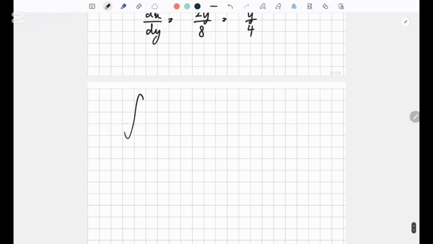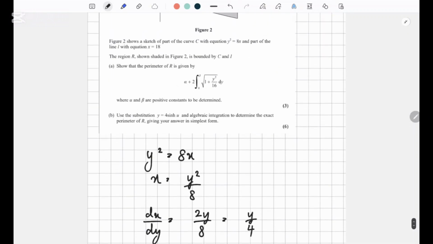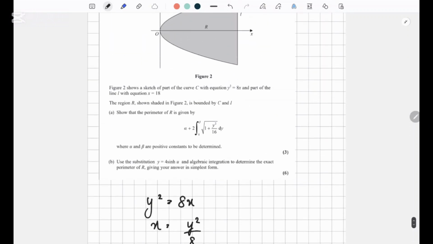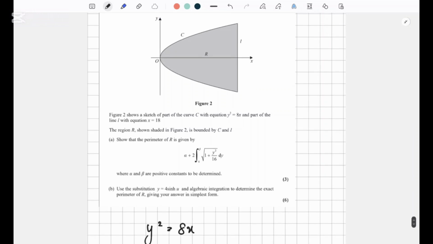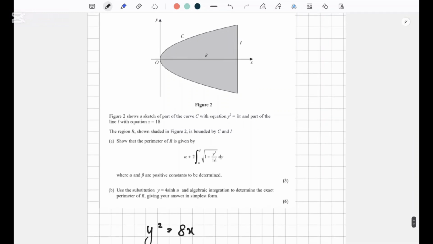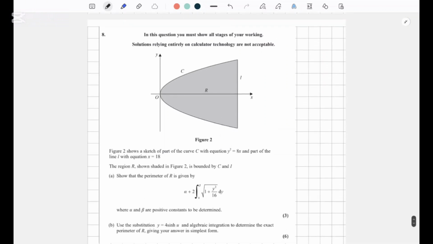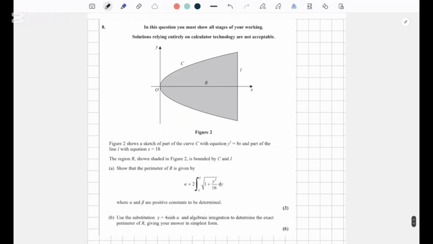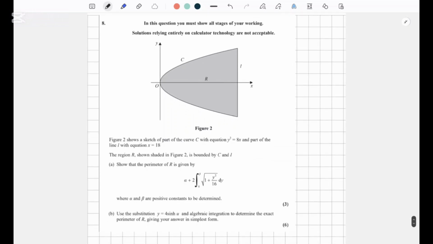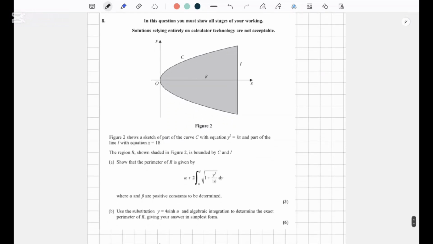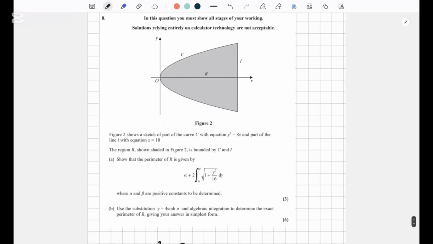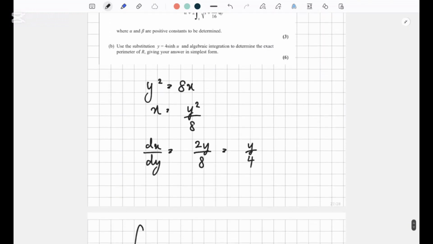So it's going to be the integration from 0 to beta. They haven't shown an interval, but let me go to the question one more time. Yeah, 0 to beta, that's the interval.